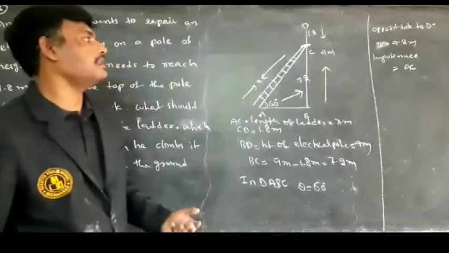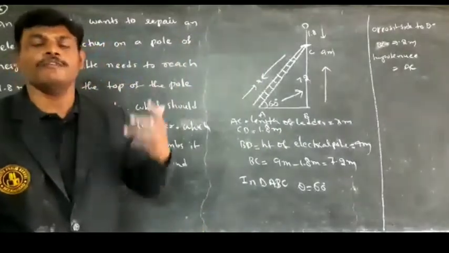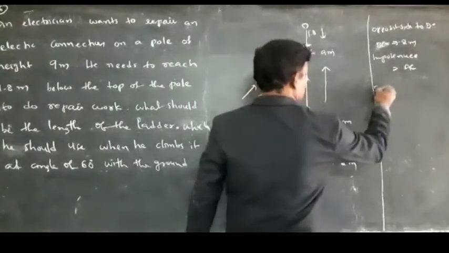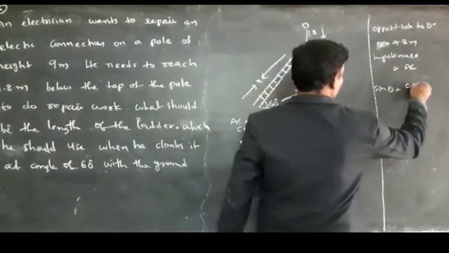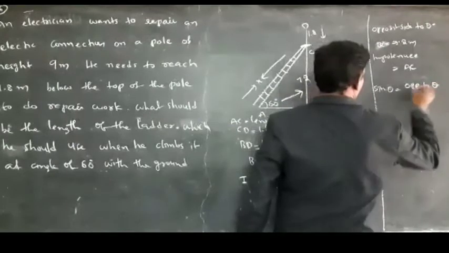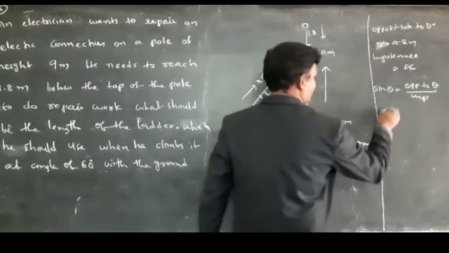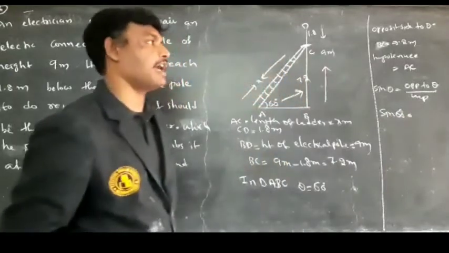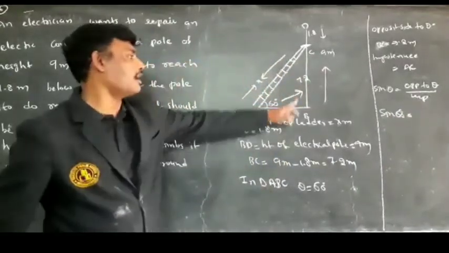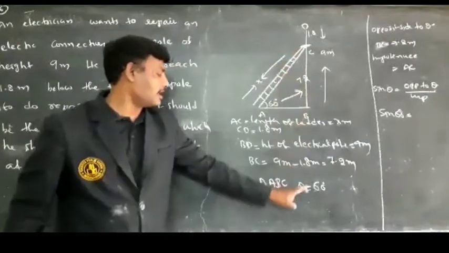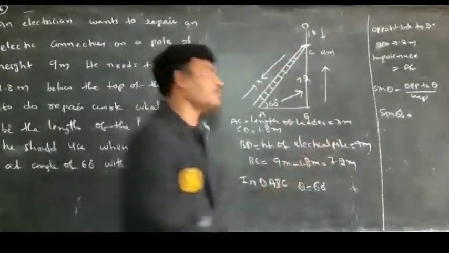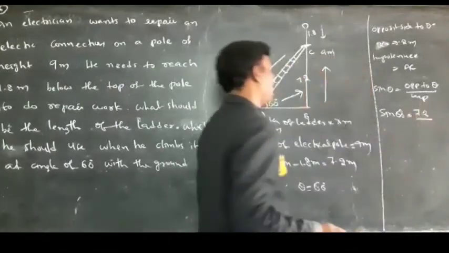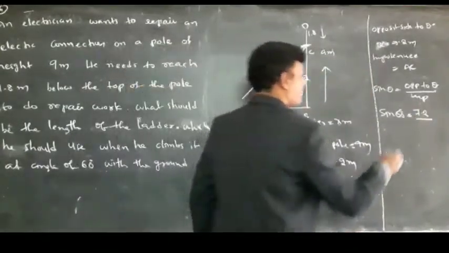Here the opposite side is there and also the hypotenuse is there. We can use the formula sin theta. Sin theta is equal to opposite to theta by hypotenuse. Sin theta means the angle of elevation, 60 degrees. Sin 60 degrees is equal to the opposite side BC, the length of BC is 7.2 meters, by hypotenuse, which is nothing but x.